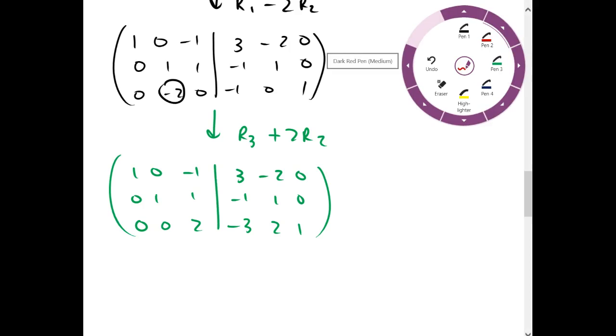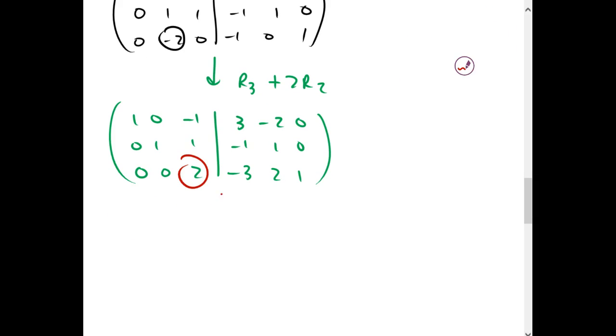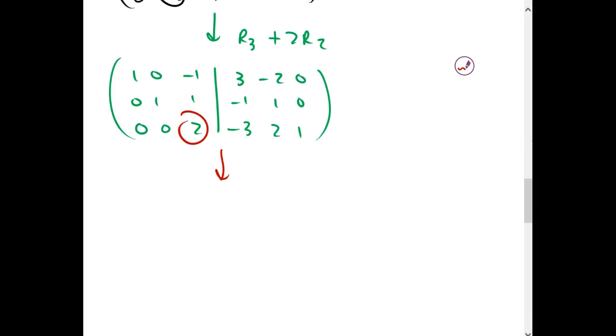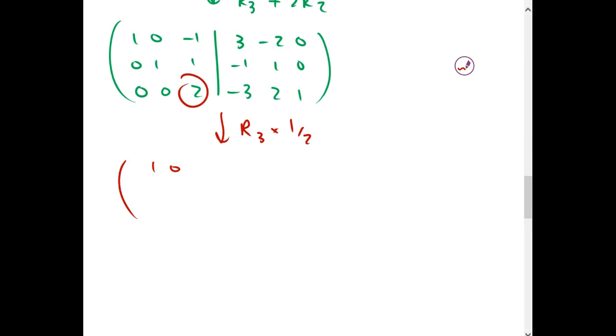And now we want to get a 1 here. So we're going to scale that row by 1/2, which will give us 0, 0, 1 on the bottom, negative 3/2, 1, and 1/2.